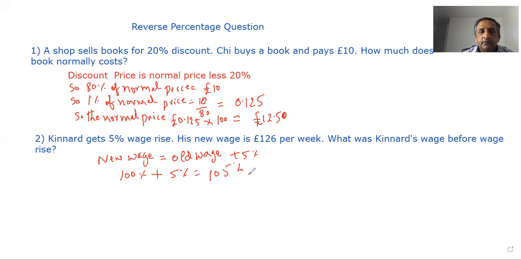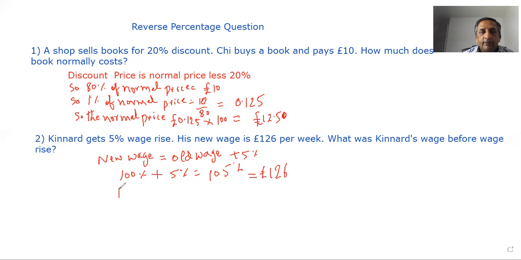So this will give us the total wage, which was 126 pound. So this was the basic wage plus the 5% wage rise. Now we have to find 1% of the old wage.